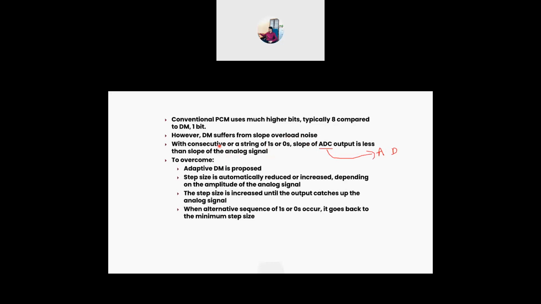With a consecutive string of ones or zeros, the slope of the ADC output is less than the slope of the analog signal. This is what you can see from the previous slides.